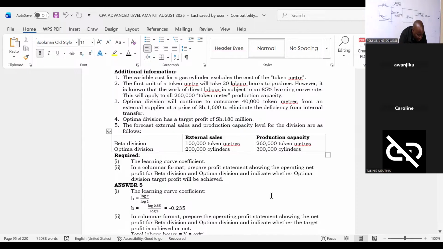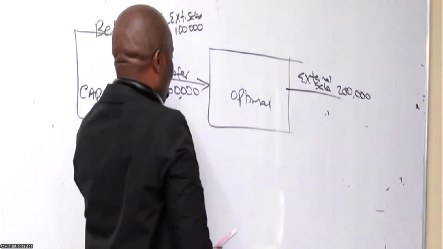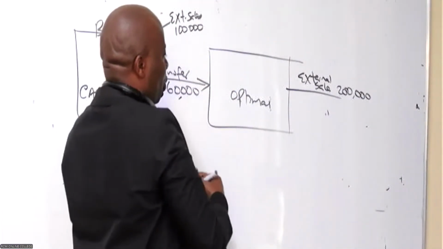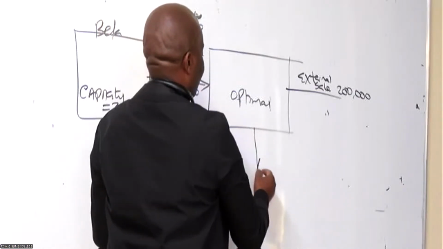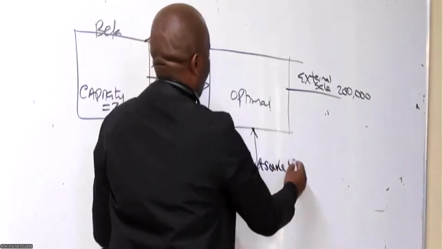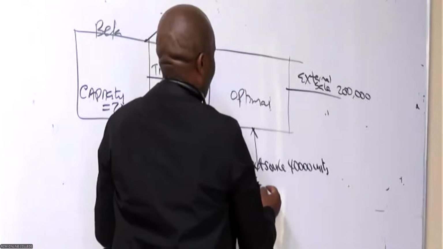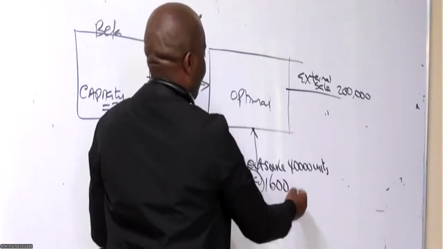How did I get to see this, ladies and gentlemen? It's because I can see here that they are going to get 160,000 internally. So it means that they have to outsource 40, at 1,600.